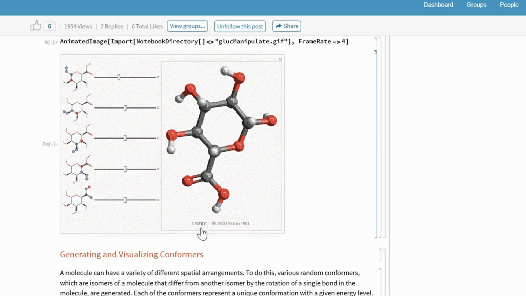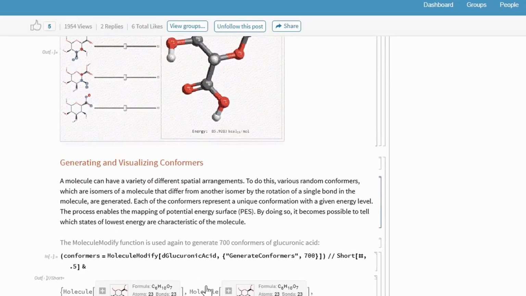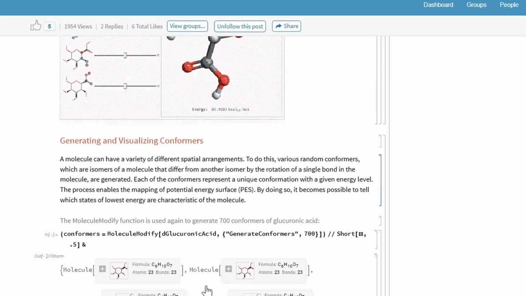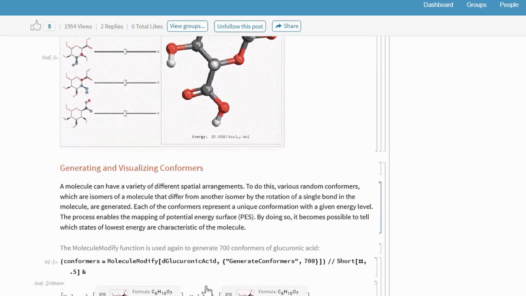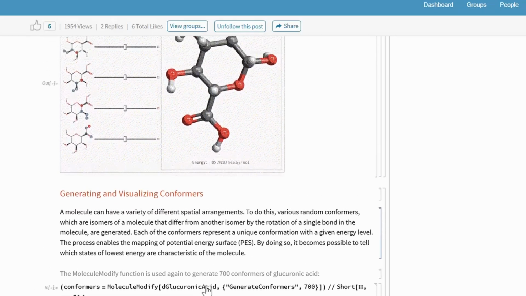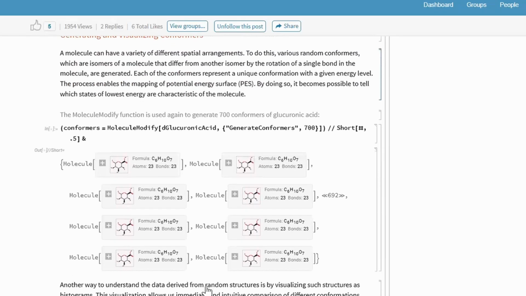I see. Okay, that makes sense. So over here we generate 700 conformers. Conformers are basically molecules that have different torsion angles compared to each other. So these are basically isomers in some form, and 700 of them were computed.